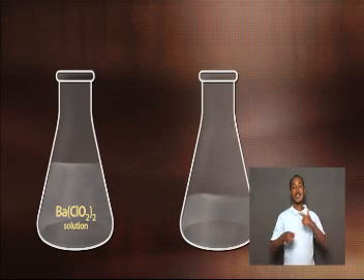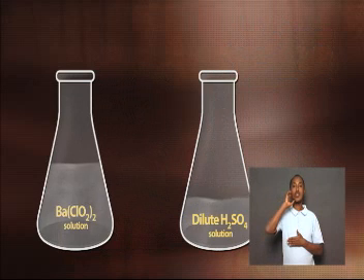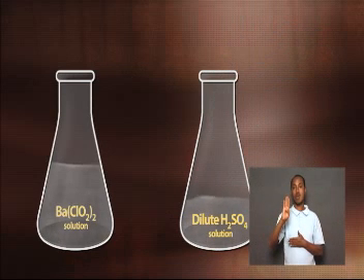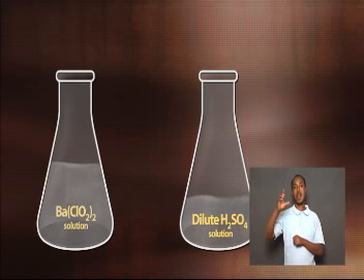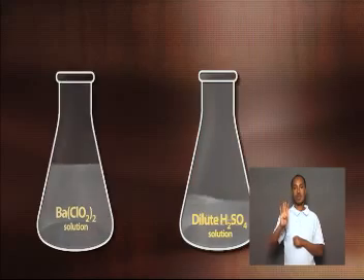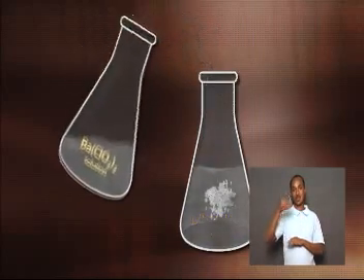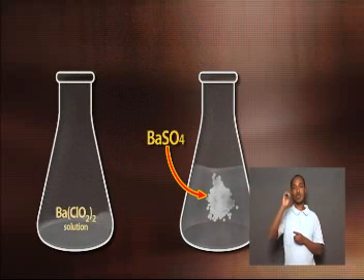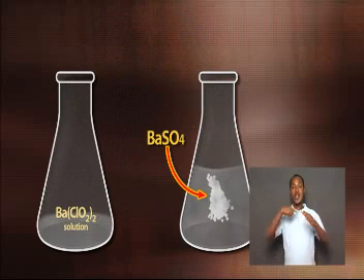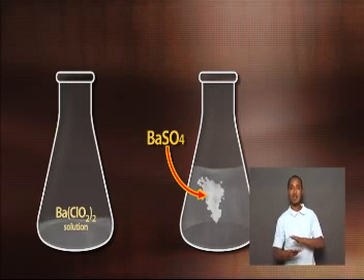In a second beaker, 2 milliliters of concentrated sulfuric acid is diluted with water to prepare a 50 milliliter solution of dilute sulfuric acid. Then 80 milliliters of the barium chlorite solution is added to the dilute sulfuric acid solution. When these two solutions react, a white precipitate is formed.